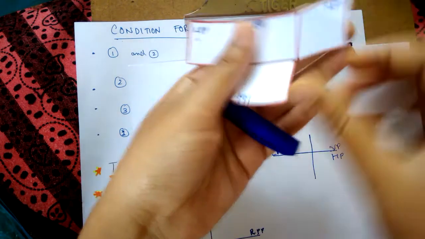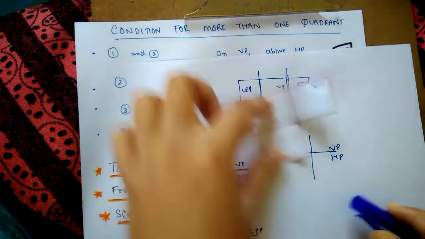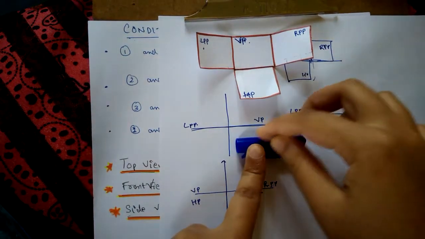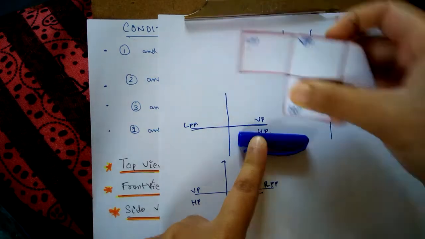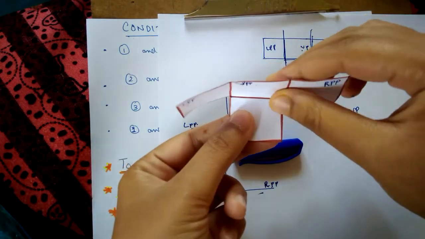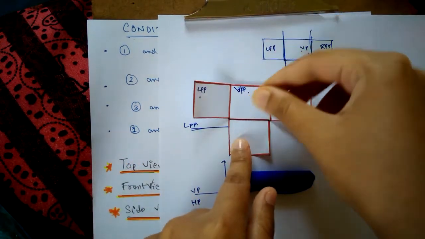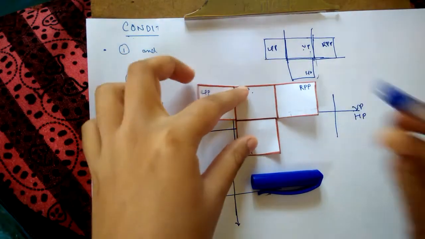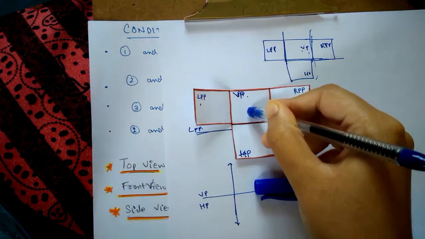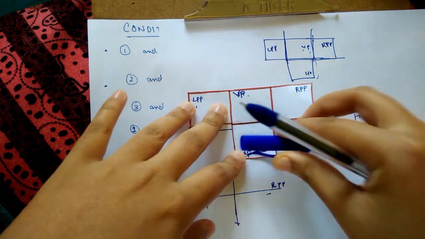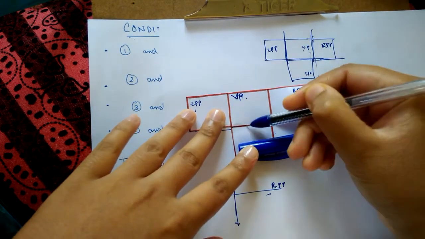Now when you put it on the paper, your cap is on HP. If you have folded like this, then VP comes like this. If you unfold this, this will become VP. So it was in front of VP, and the distance from HP is from this line.